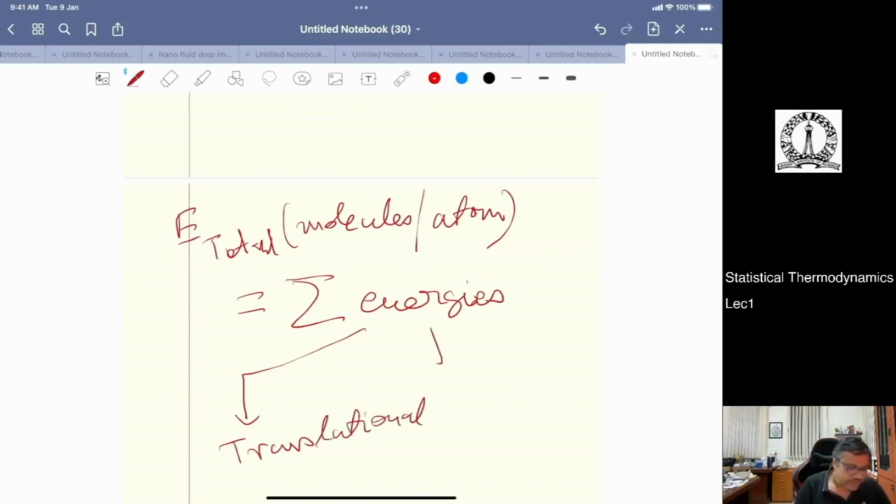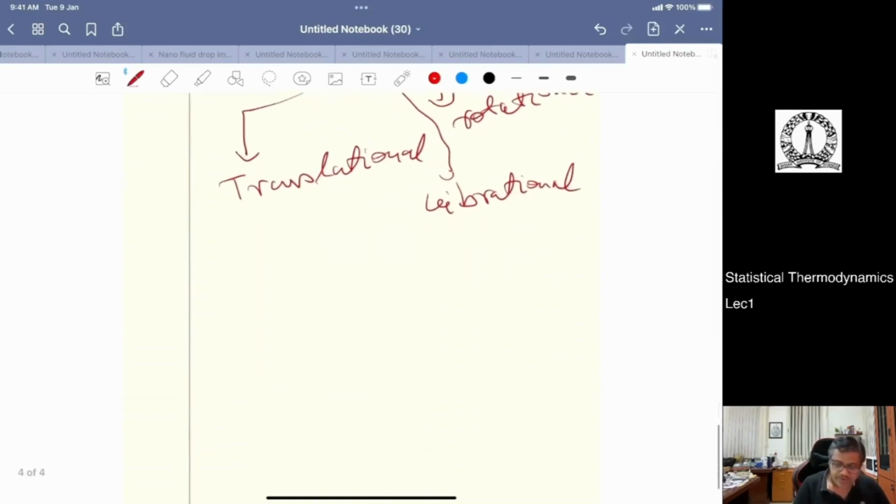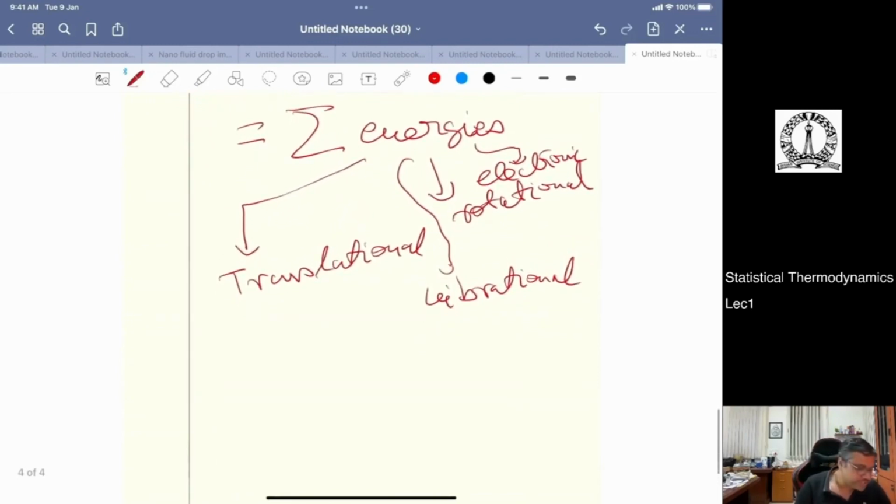We will come to what these mean in a second. Then of course there is rotational, there is vibrational, and there is of course electronic. So these are the sources of energy.